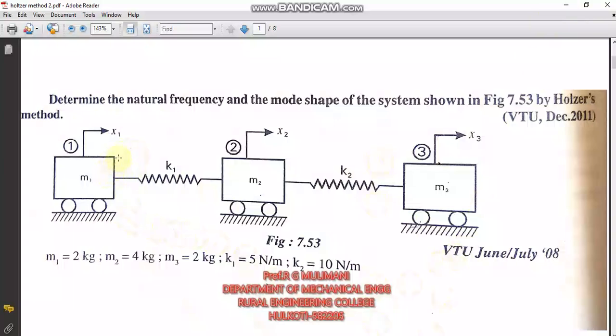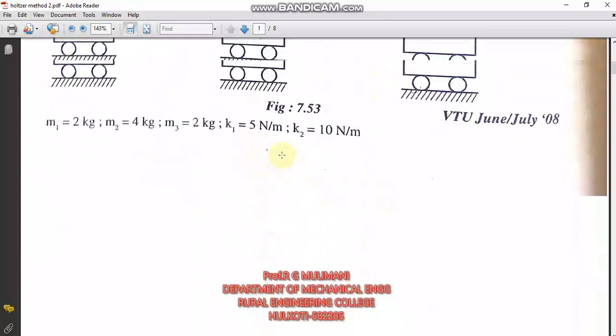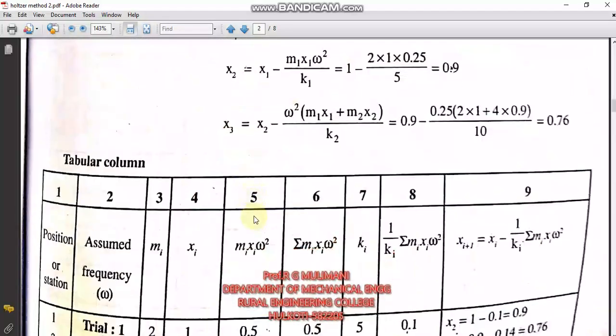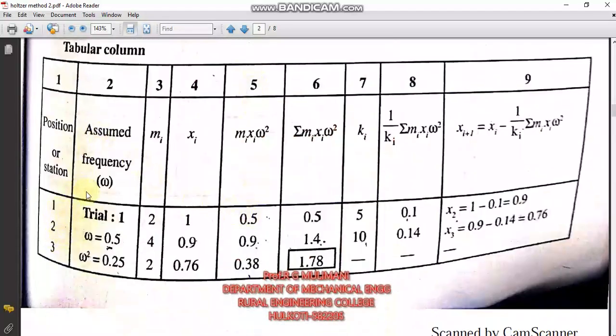Now we are taking the position for the free system from the left end mass. So you are taking position 1, 2, 3 in the tabular column, and then you assume a frequency.